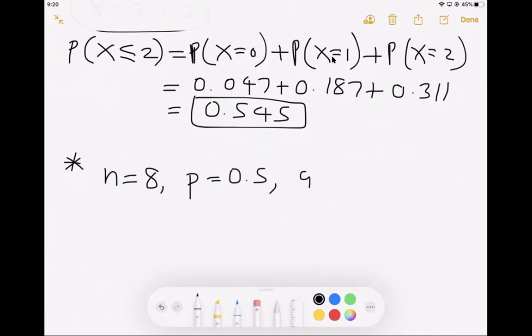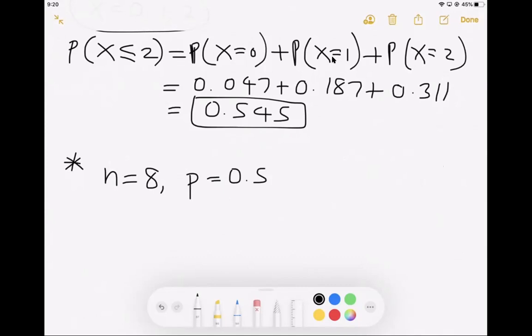Then 1 minus p is also half. Now we know n, p, q. Actually, we don't need q, because we are doing this using the table. So we have n and p.